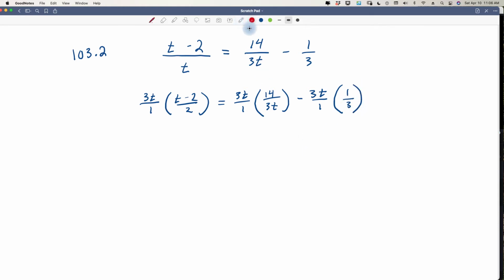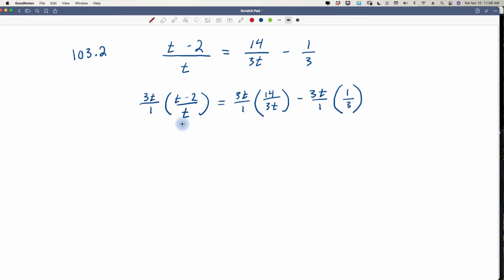Now let's use what we know about canceling, and I'm sorry, I wrote a 2 here when I should have written a t. I guess I was looking at the 2 up here when I wrote it. We're going to look at our factors on the top and the bottom and cancel out so that we don't have to get to this big number and then reduce.